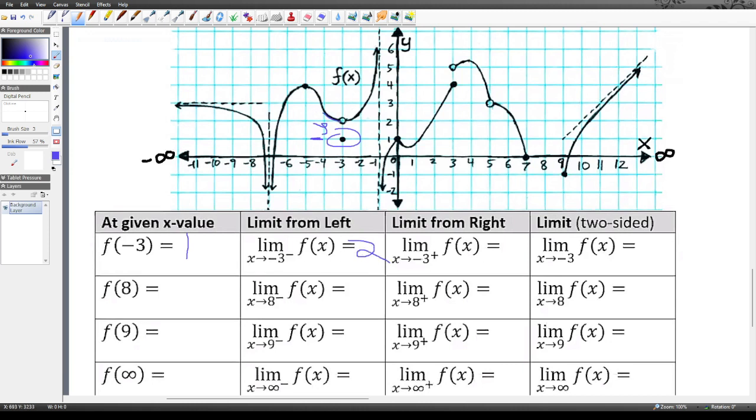Since these are connected and there's no jump discontinuities occurring, or that's wrong what I just said, so please ignore it.